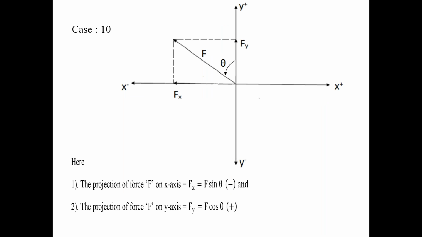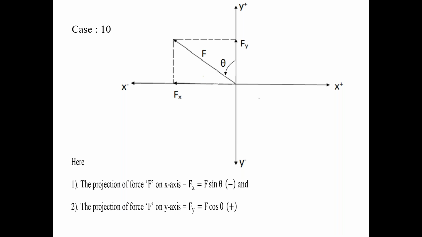10th condition. It is similar to the second condition, but in the 10th condition, the force F makes the angle theta with the y-axis. Since the force F makes the angle theta with the y-axis, in this condition, Fx is equal to F sin theta, because that theta angle is with the y-axis.